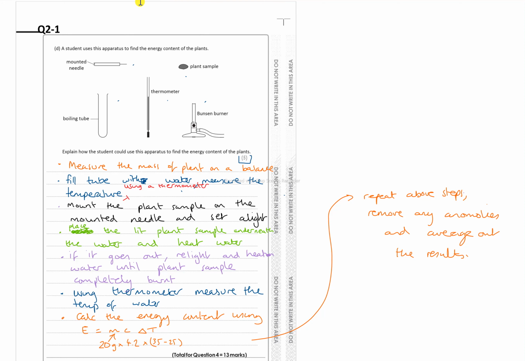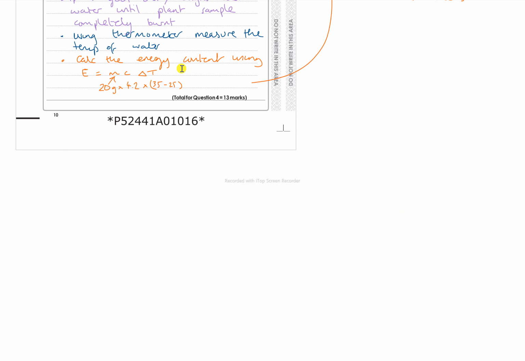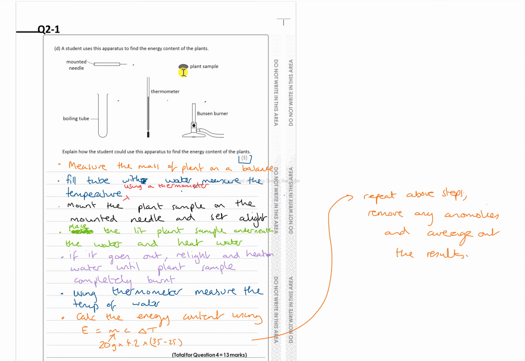And you've got it. Right, okay, that's more than enough. This is an experiment you have to be familiar with anyway. They might just say to you, how do you measure the energy content of a sample of, I don't know, peanuts? So you've got to put all these in. They might not give you a prompt like they have here. Right, okay, that's fine. That's done.